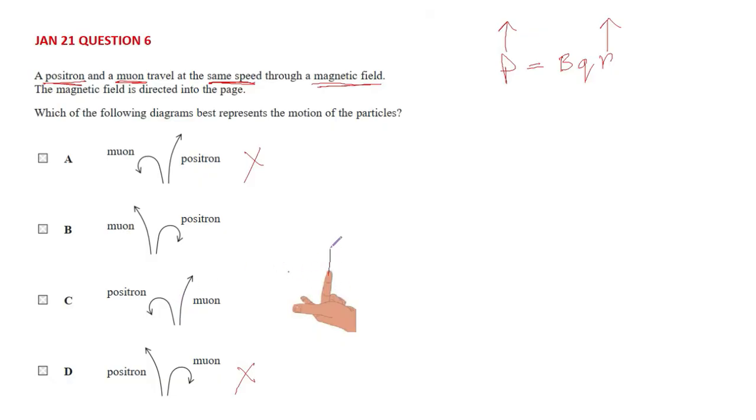So current is upward for the positron. The magnetic field is into the page. So the positron should curve to the left. But in option B, the positron is curving to the right. So B cannot be the answer. The answer should be C. All this for just 1 mark.